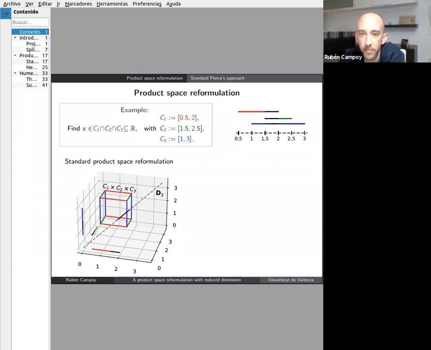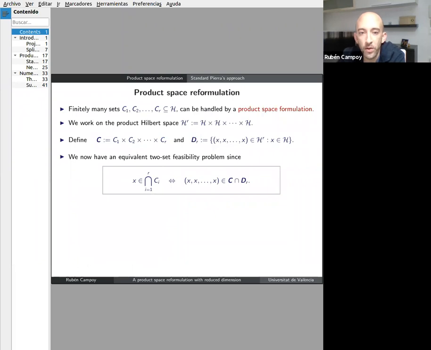Okay, this is the segment in the first set, which is the intersection. So we have the equivalence of the problems, but in order to use projection algorithms, we need to compute projections onto the two new sets.